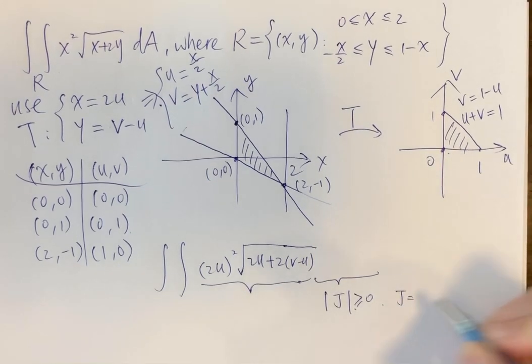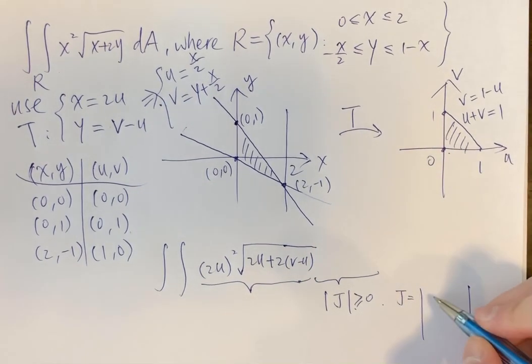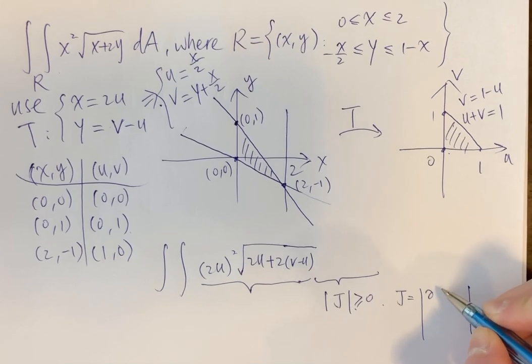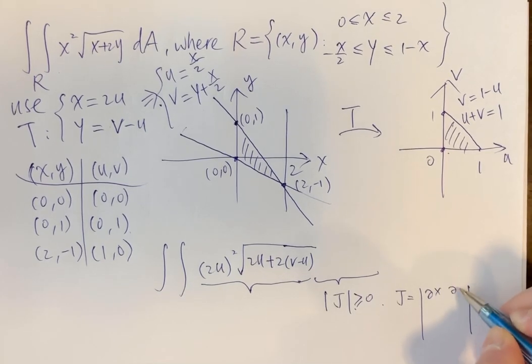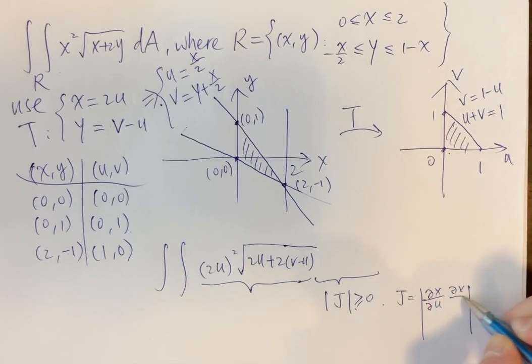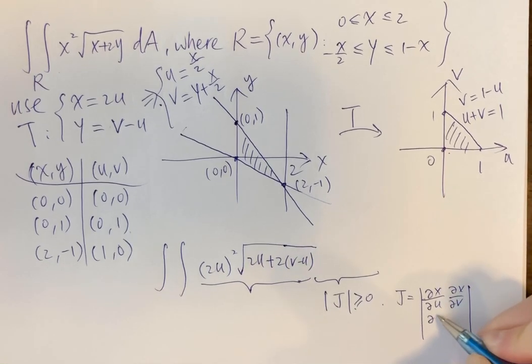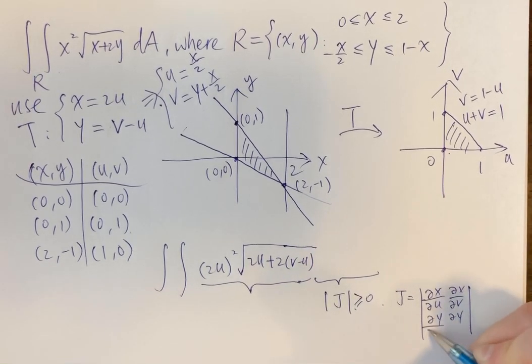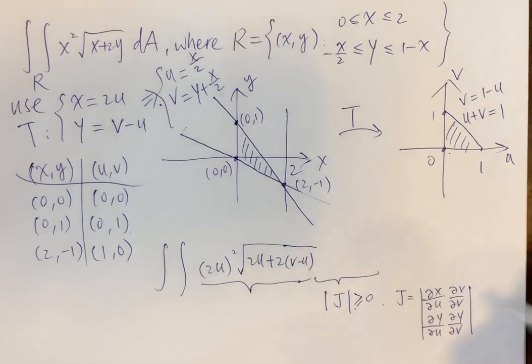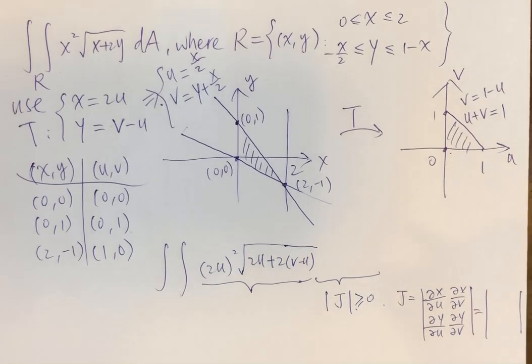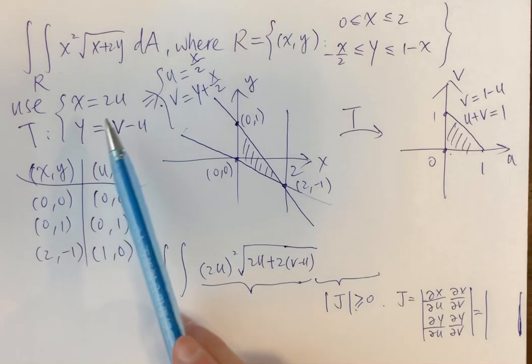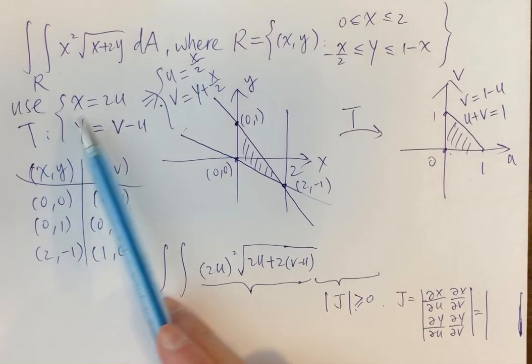And how do we compute the Jacobian? It's going to be the old variables over the new ones. So we look at these two equations.